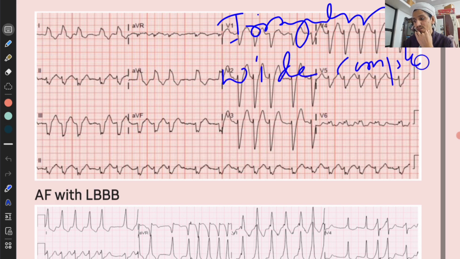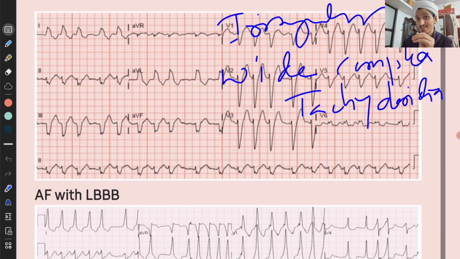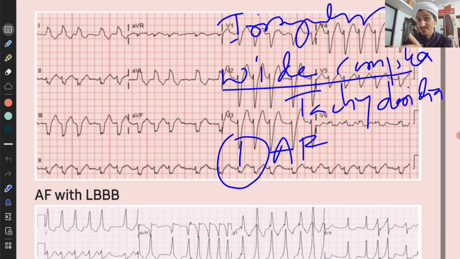What can be the possibilities for this? Irregular, wide complex tachycardia. This is not VT, remember. This is the trick, a tricky ECG. The possibilities are: number one, atrial fibrillation. Remember, this is actually SVT, but it seems like it is wide.